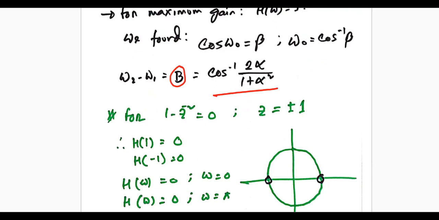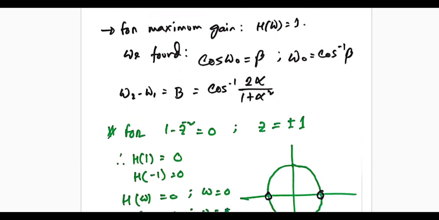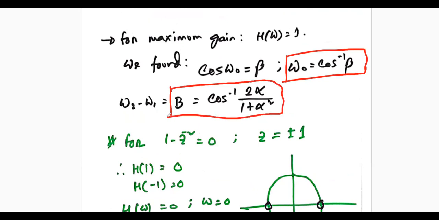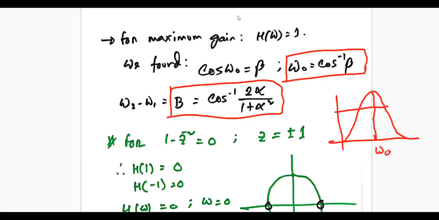Okay, so here these two terms are very important. Number 1 is this, and number 2 is this. In the case of any bandpass filter, there are two terms we significantly want to control: the center frequency and the bandwidth.